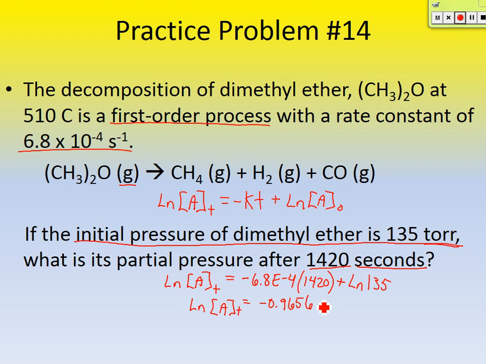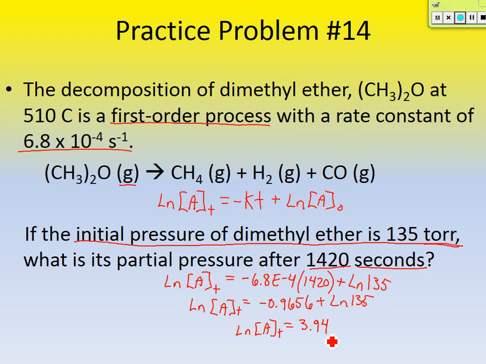And then let's add the natural log of 135. And so what I get if I do that is that the natural log of A at some time is equal to 3.94.